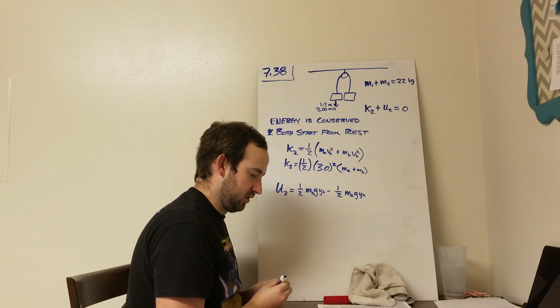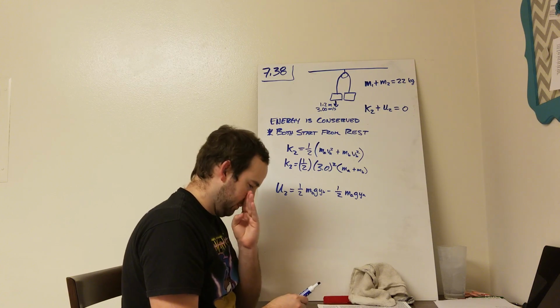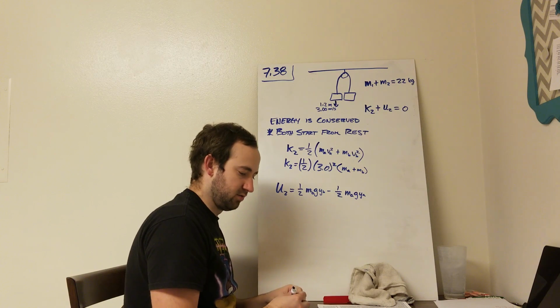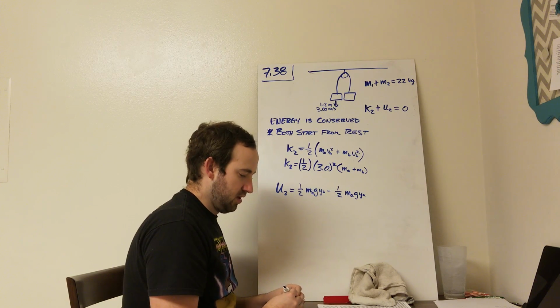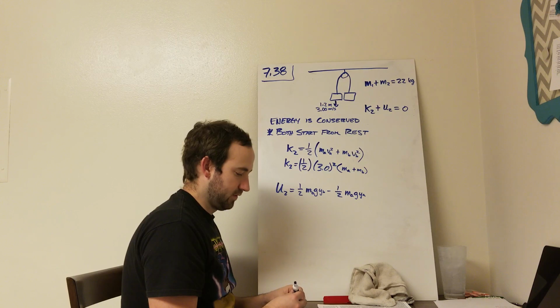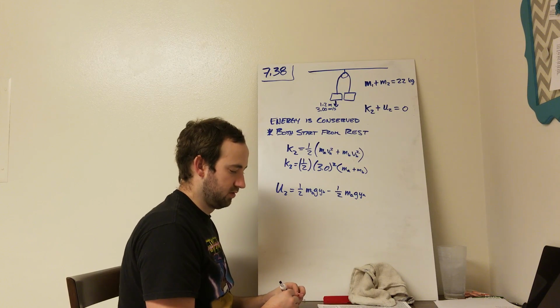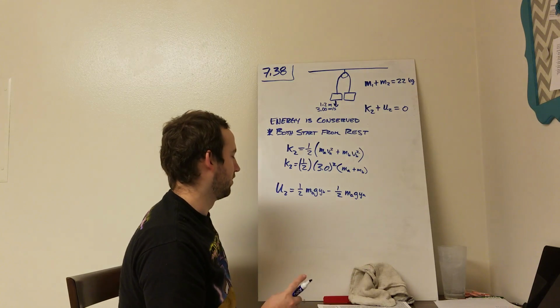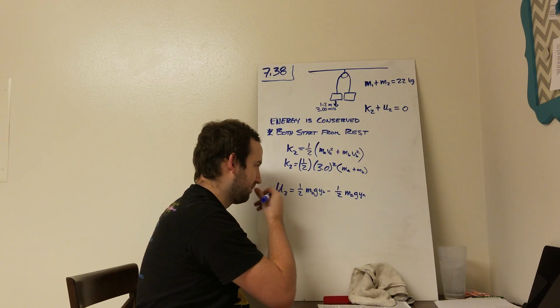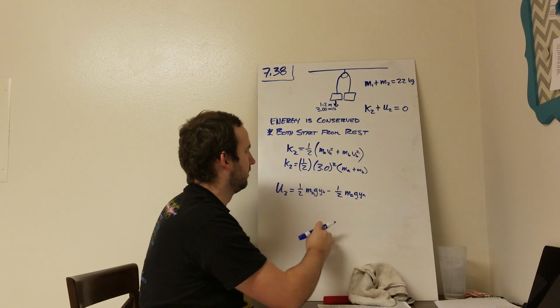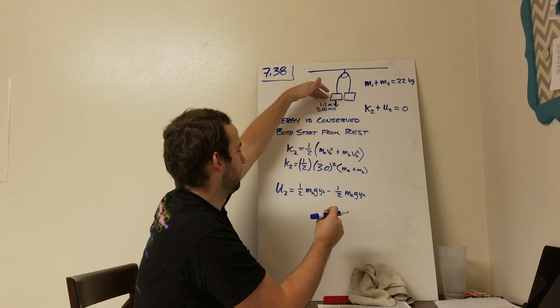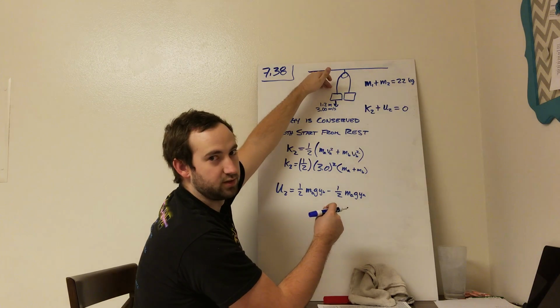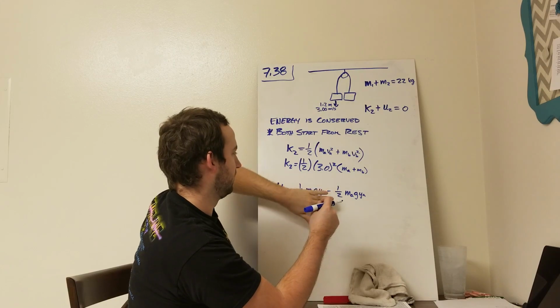And now what we need to do is plug in the things that we know. So we know gravity, and we know that it's moving 1.2 meters. Why this is a negative instead of a plus is because when the potential energy of one increases, the other one is decreasing, so we need to subtract it.